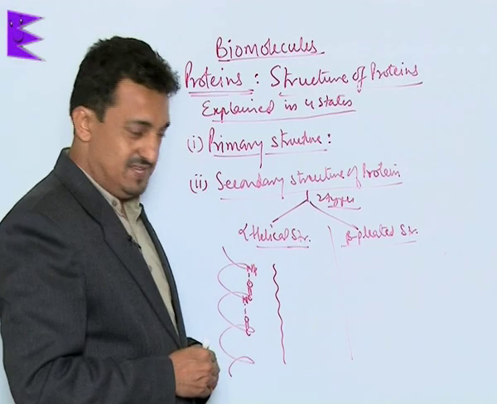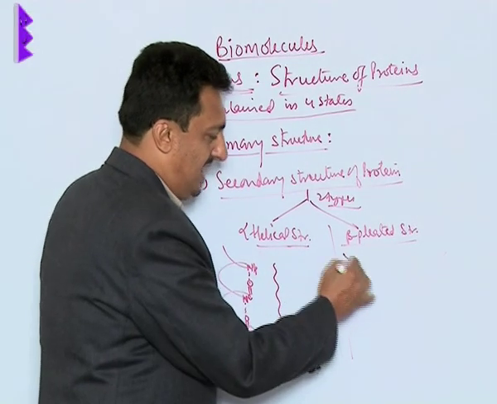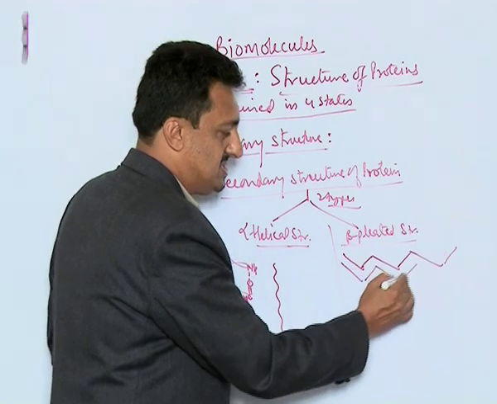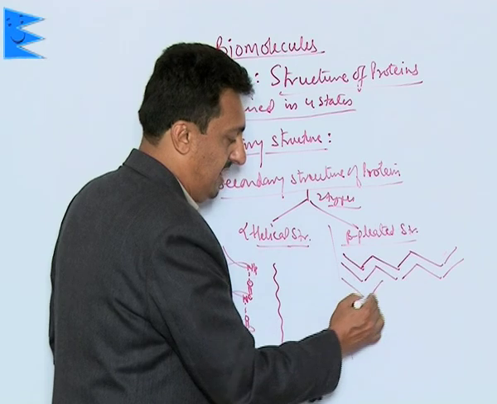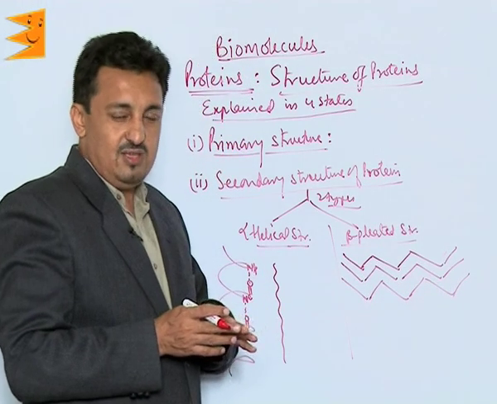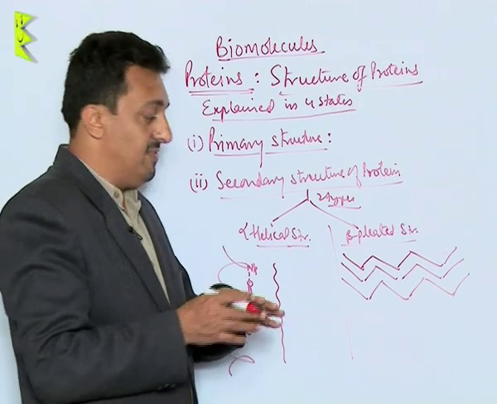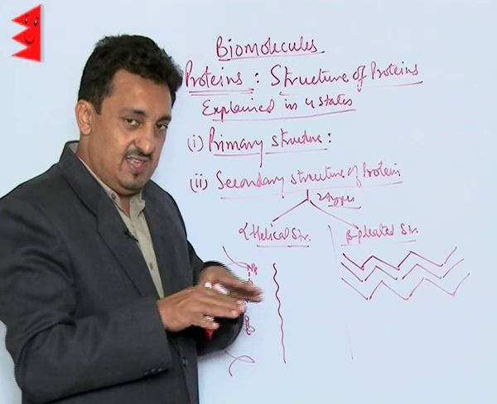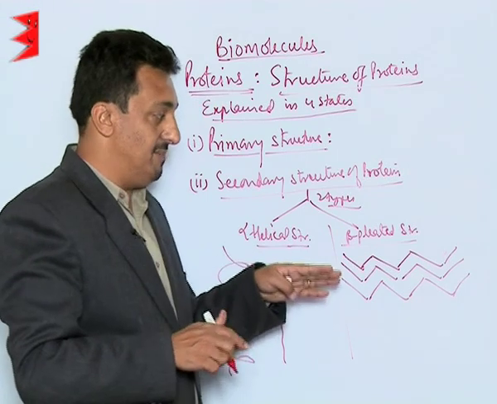Whereas, what is beta pleated? These are open or expanded chain structures in which one chain lies just after the other, and they are arranged in such a way that they take the shape of the pleats we have in draperies or curtains. That's why they form pleats one after the other, and this structure is called beta pleated structure.